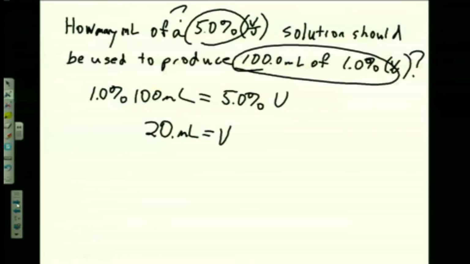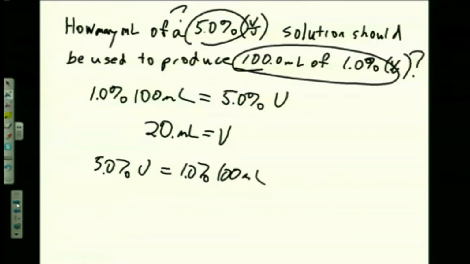It doesn't matter what side they show up on. Okay? I could have written it the same way as 5.0% times V equals 1.0% times 100 milliliters. Still get V equals 20 milliliters. Same thing. The key is to figure out which two go together. Of course, the concentrations are going to be on opposite sides, but where does the volume go?